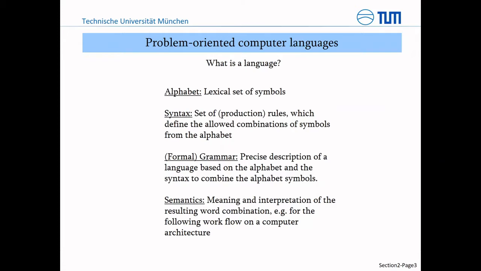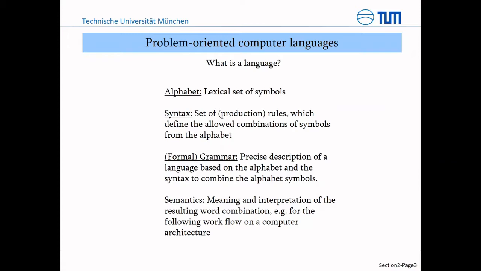So a formal grammar is a precise description of a language based on the alphabet, so on the symbols, combined with the syntax, so that we define a set of rules, a starting point and an acceptance point to identify if a sentence or a word or whatever is allowed in this language or is part of this language.